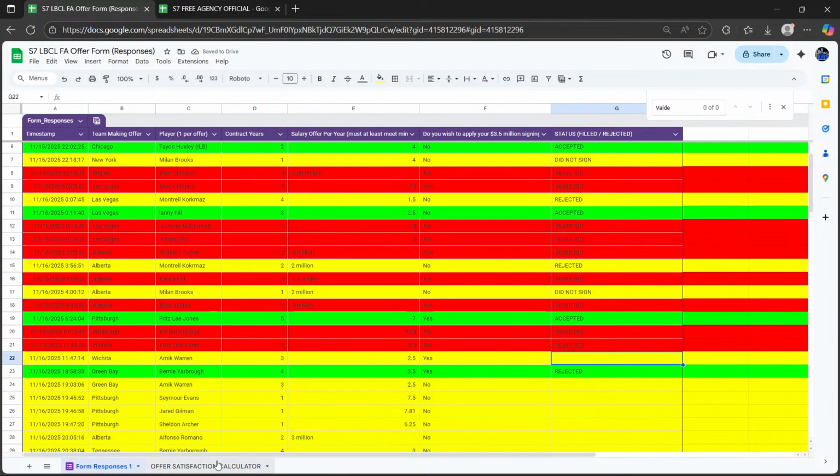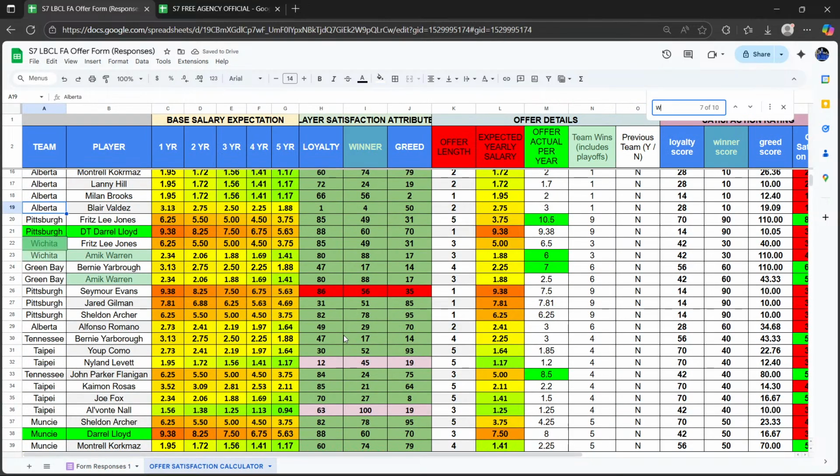Remaining offers, we got Wichita with Amik Warren. Warren had two offers. One was 3 years, 6 million, and it did try to use the signing bonus. That's what the green cells here mean, that that team wanted to use a signing bonus.